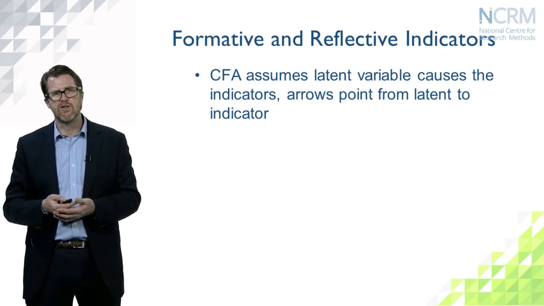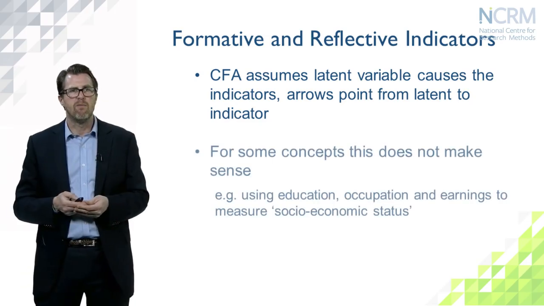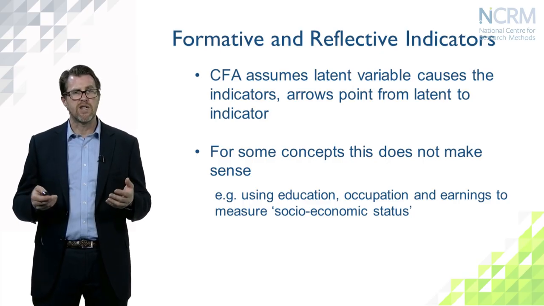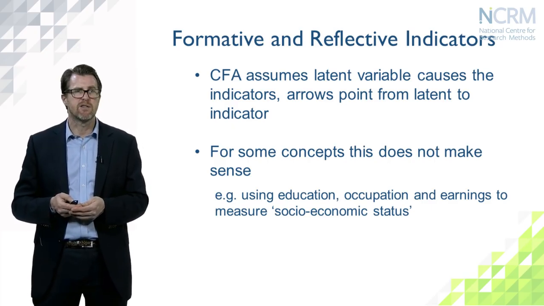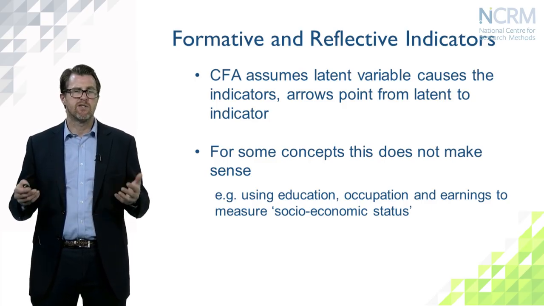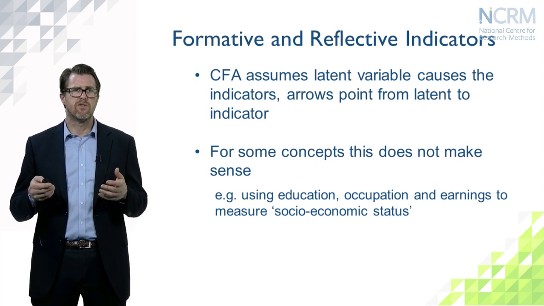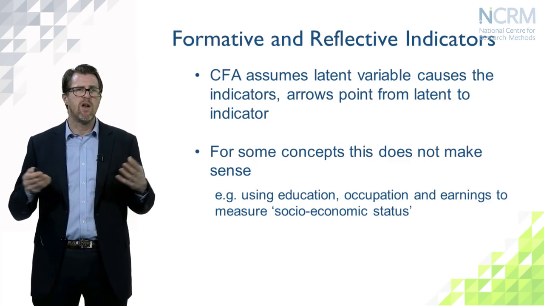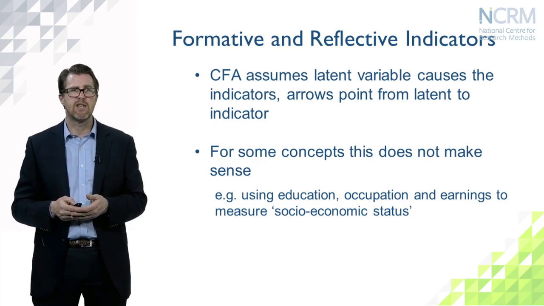Now, for many concepts, that direction of causality makes sense. In other contexts, the idea that the causality flows from the latent variable to the indicator doesn't really make sense. So let's think of an example where we want to measure socioeconomic status, and we're going to use indicators of someone's level of education, what kind of occupation they have, their earnings and so on, and we want to combine these somehow into a latent variable that measures their socioeconomic status.